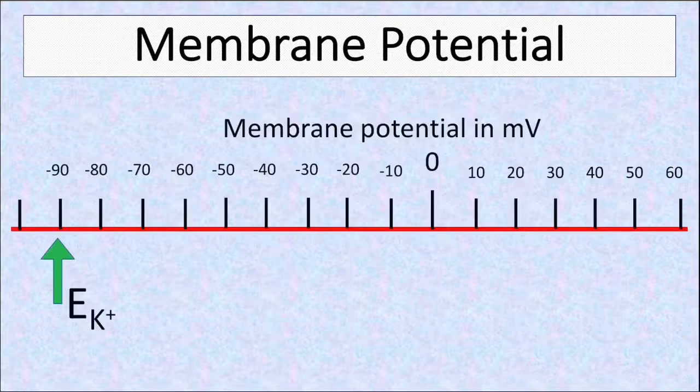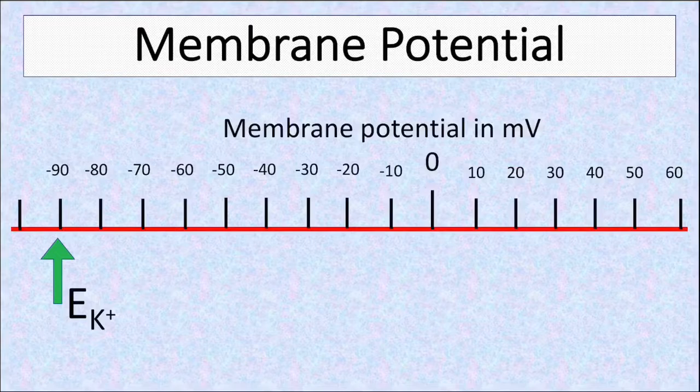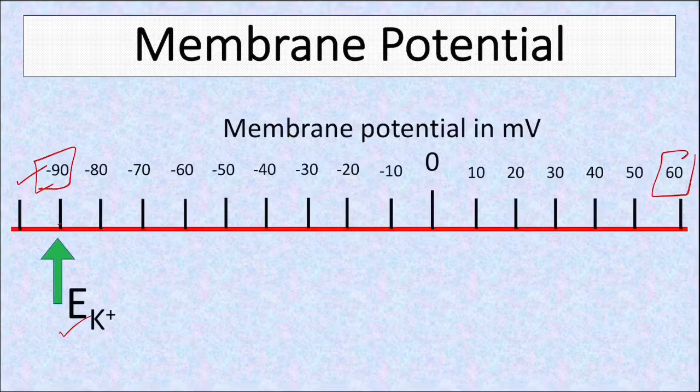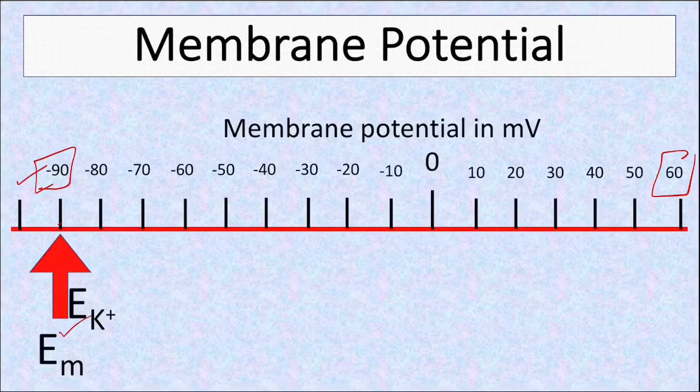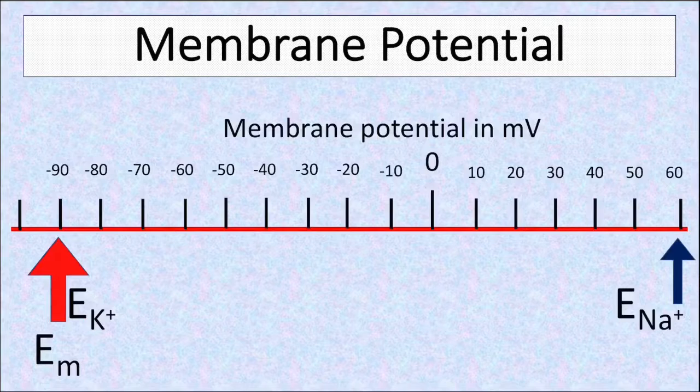Let's see this on a linear scale. This scale shows membrane potential from minus 90 to plus 60. If potassium is the only permeant ion, then the membrane potential will be just minus 90. But the cell also has another ion, sodium, whose equilibrium potential is plus 60.